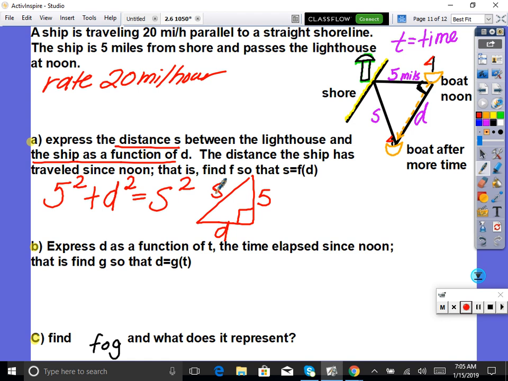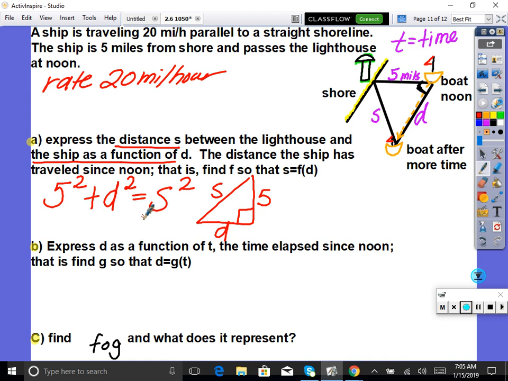So now it wants you to express the distance S between the lighthouse and the ship as a function of D. So it says right here, find F so that S equals the function of D. So it just wants S equals. So how do we get S alone now? Square root both sides, right?